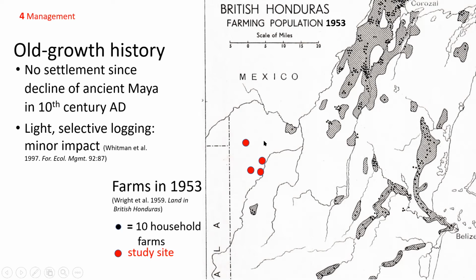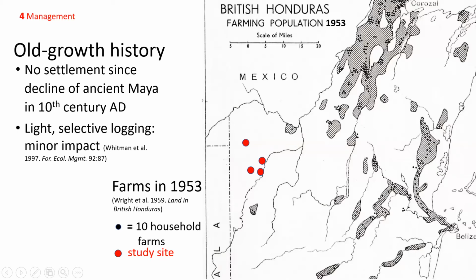And starting back in the late 19th century, a big London-based timber company had control of 1 million acres here and did nothing but fairly light selective logging, which left the forest really intact. So the forest has been there about 1,000 years, most of it. There have been some farms. This is Wright's contribution.